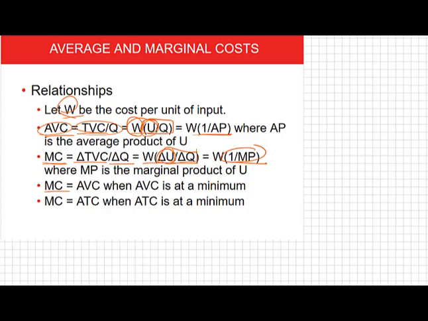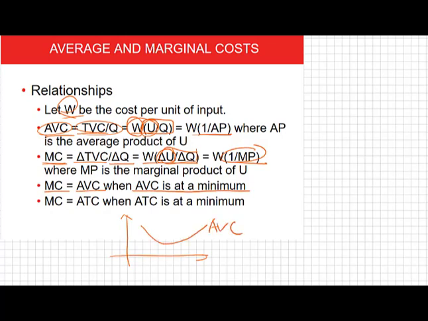But then, marginal cost equals average variable cost when average variable cost is at a minimum. And you can imagine why. So for example, let's say there's an average variable cost here.